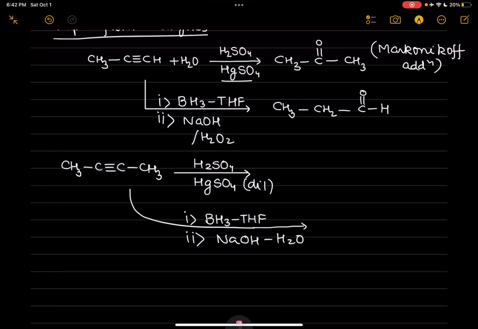Are we going to get two different products? So look at the nature of the alkyne. Then we can decide that.